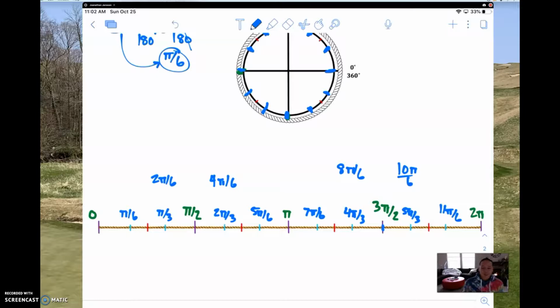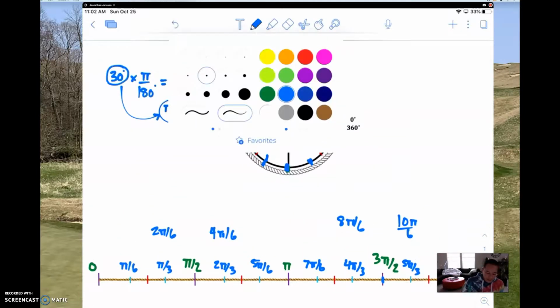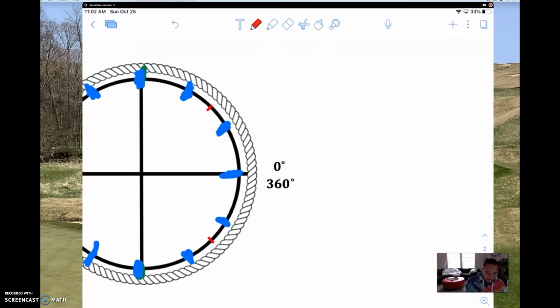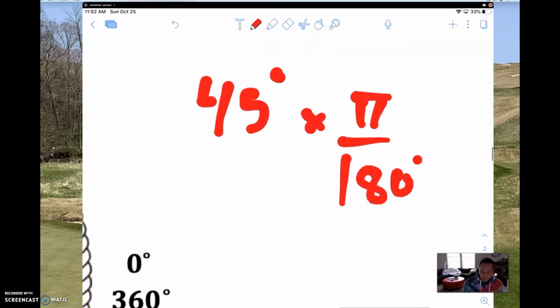And now the only ones that we have left are the red ones. Let's see how we deal with the red ones. We know in the degrees world that these red marks here, halfway between in that first quadrant, is 45 degrees. And if I want to convert 45 degrees into radians, we just multiply by pi over 180.